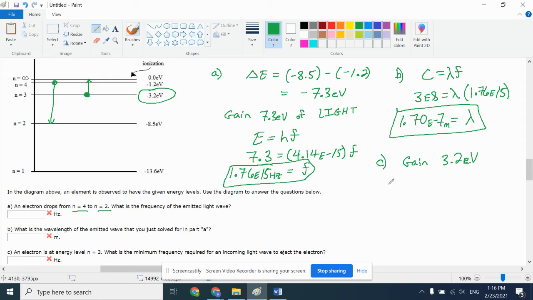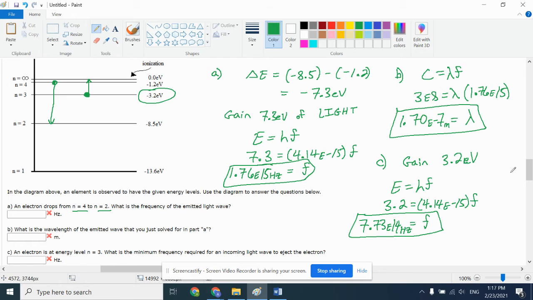So in order to gain 3.2, that means my incoming light wave better have 3.2 electron volts. So 3.2 equals 4.14 E negative 15 f. Solve f. So go 3.2 divided by 4.14 E negative 15. Our frequency is 7.73 E14 hertz.